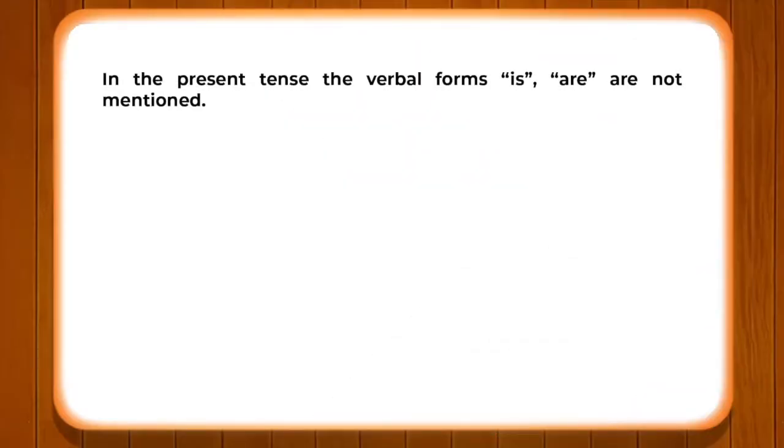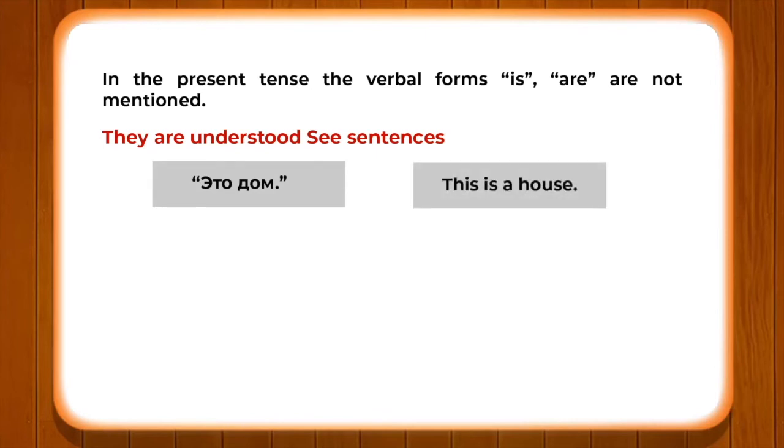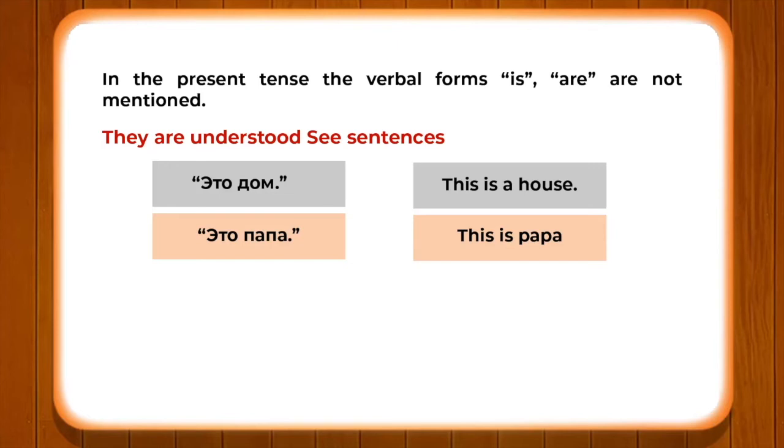Alright, so let us go ahead and see this concept, which is very important in order to understand and learn the language efficiently: in the present tense the verbal forms of is and are are not mentioned, they are understood. For example, let us look at the sentences given below. We have eta dom, this is a house, eta papa, this is papa.